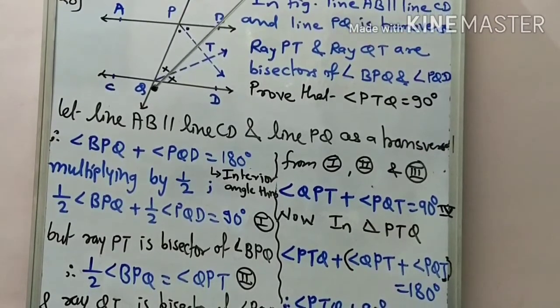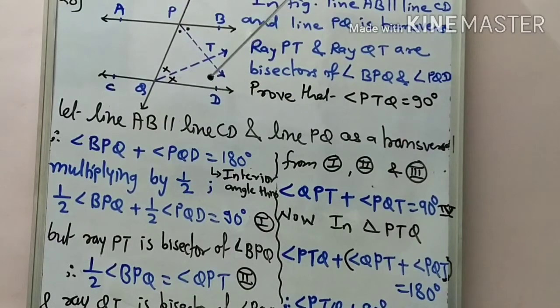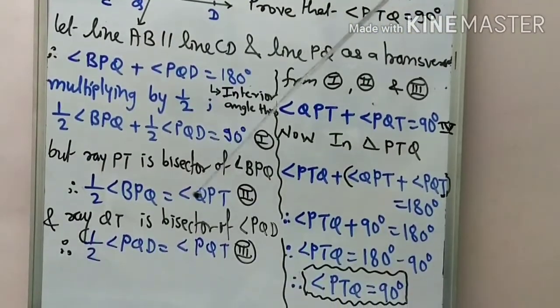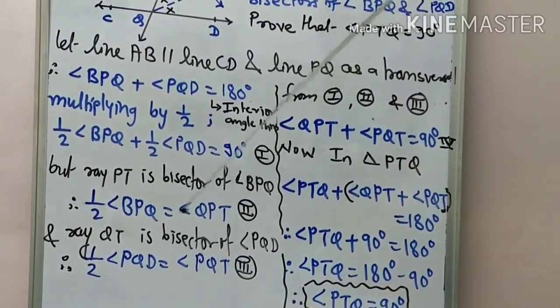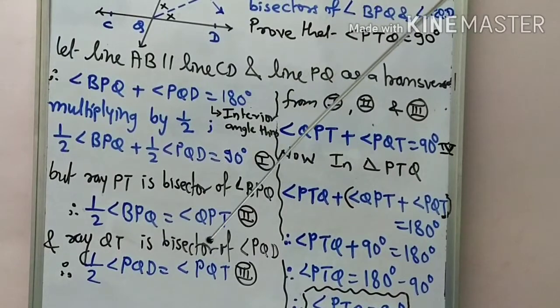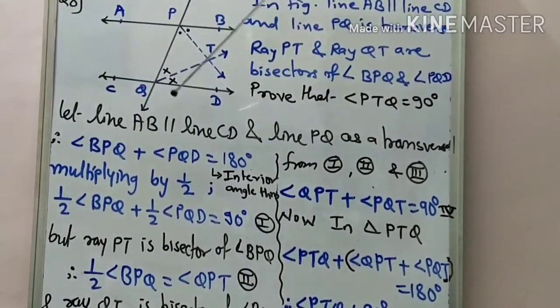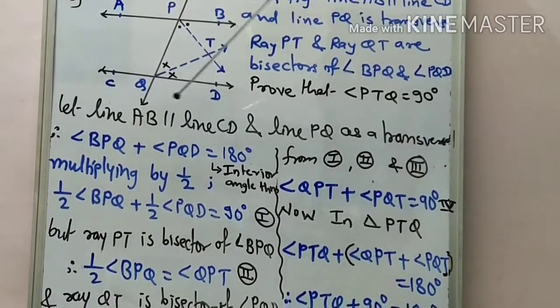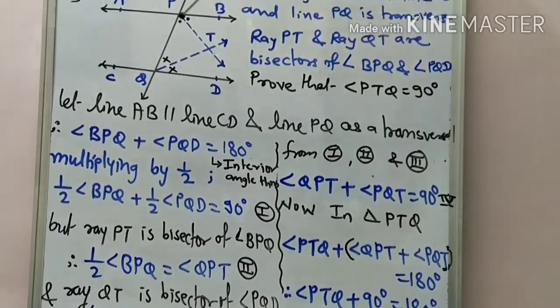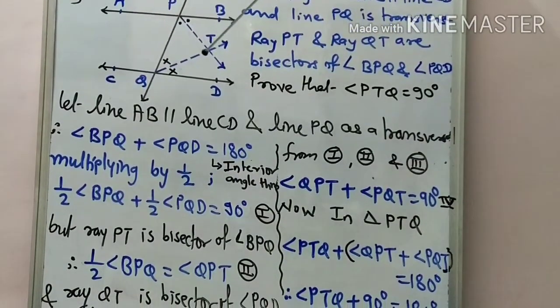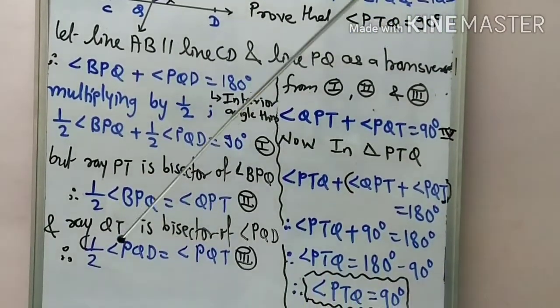So we take it according to that triangle as angle QPT. Angle QPT is half of BPQ, or you can say half of BPQ is equal to angle QPT. Similarly, ray QT is a bisector of angle PQD, so the two equal parts are again half of PQD, and again here according to that triangle we take angle PQT, which is half of angle PQD.